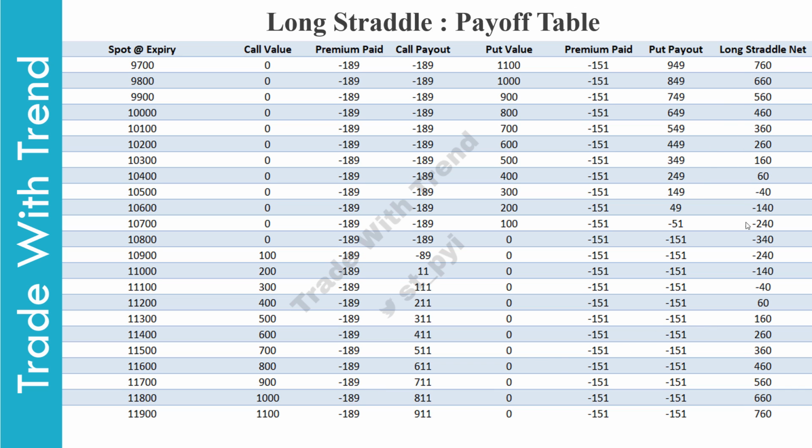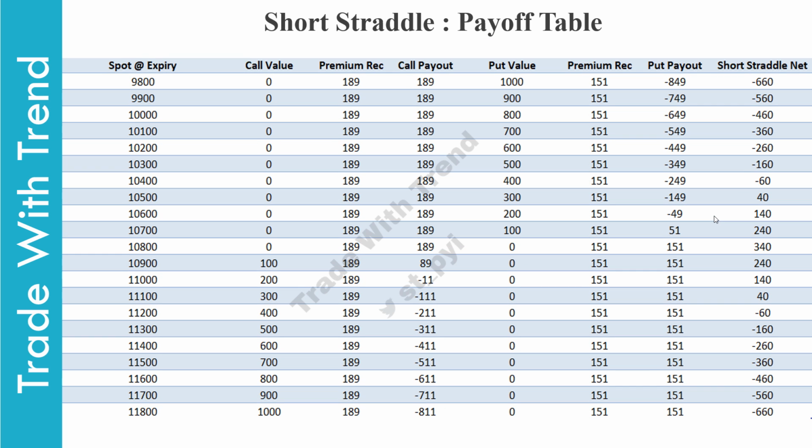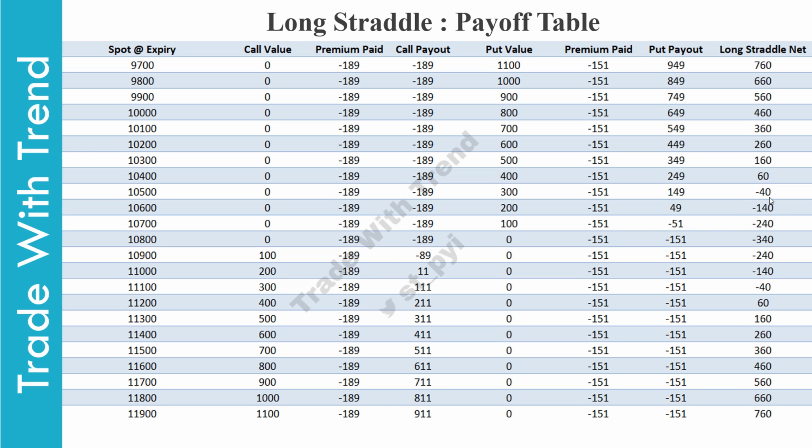Now see how this is different in a long straddle from a short straddle. In short straddle, you get to make more money when price remains in a range, and in long straddle, you get to make more money when price breaks out of a range.